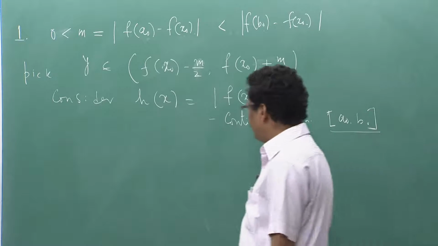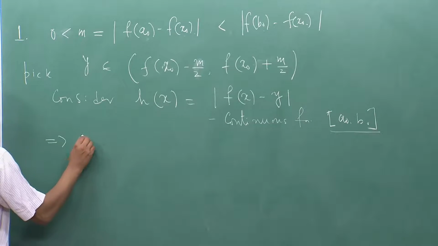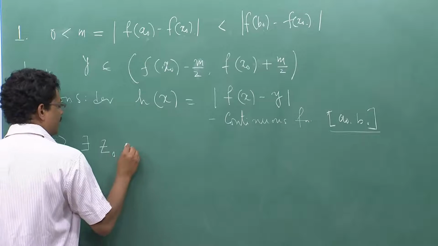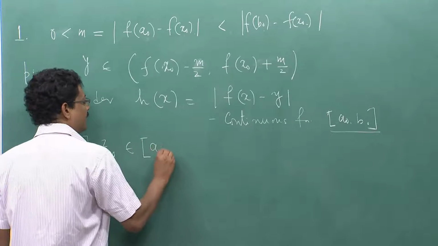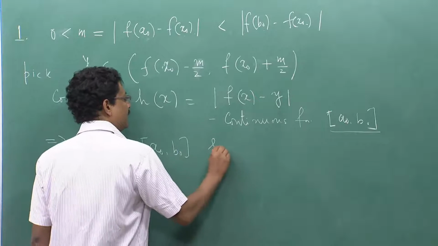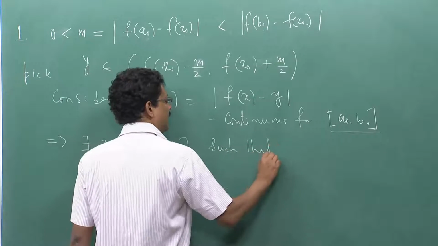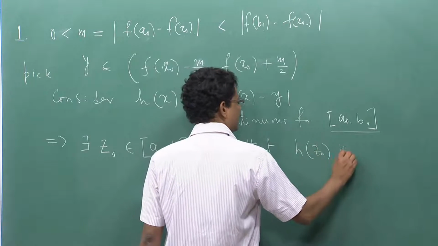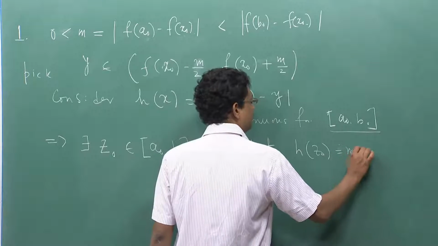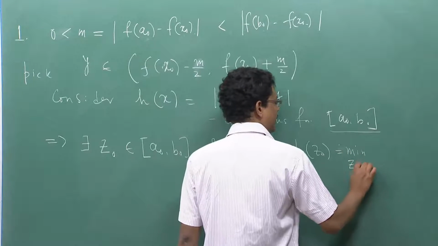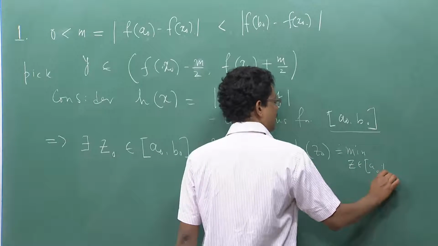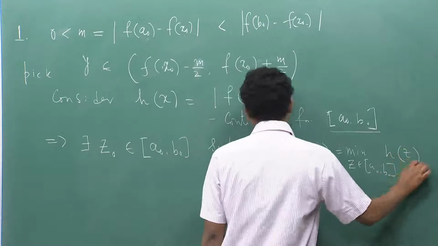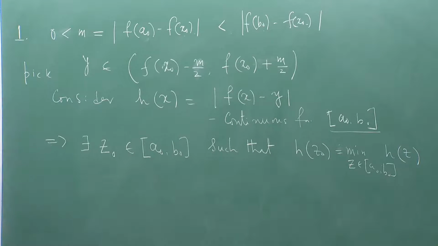Now, a continuous function on a naught b naught implies there exists a z naught in the closed interval a naught b naught such that h of z naught is the minimum of h of z over z in a naught b naught. A continuous function on a closed interval attains its minimum. Okay, up to this is fine. I make an observation.